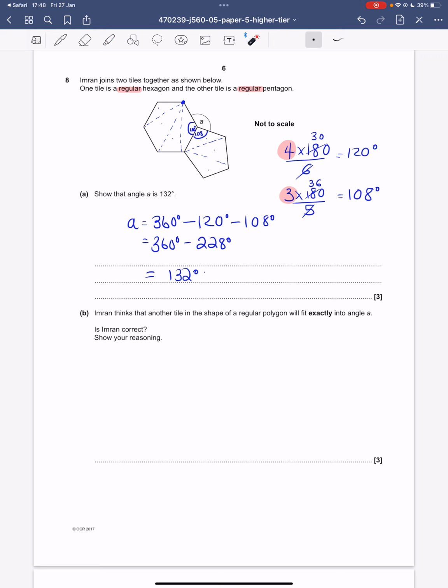So let's say this unknown shape is n, and it's going to be n minus 2, because the 6 gives rise to 4 triangles, the 5 to 3. So it's n minus 2, times 180, divided by n, because it's divided by the number of sides, and that's going to therefore be 132.